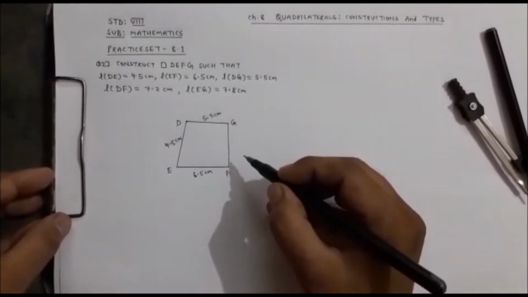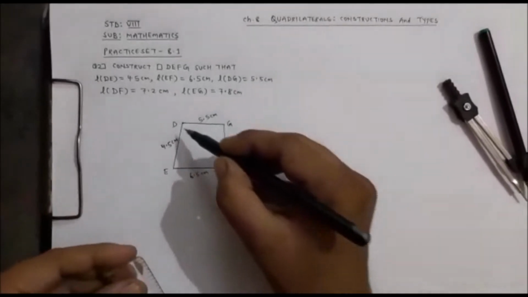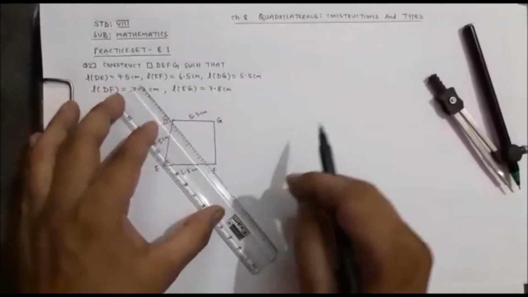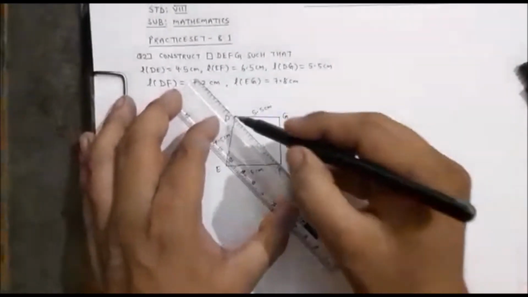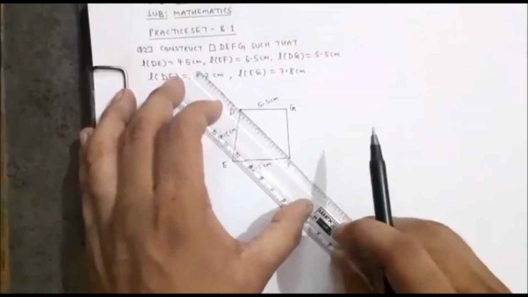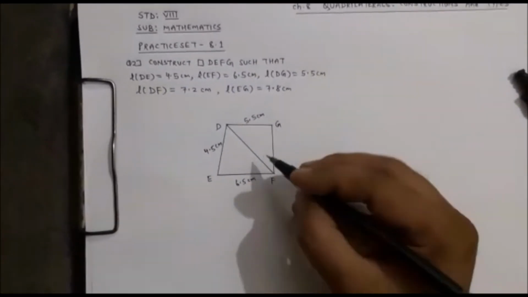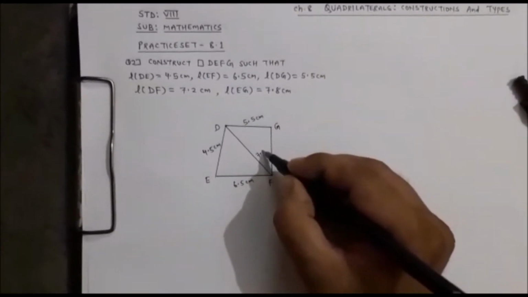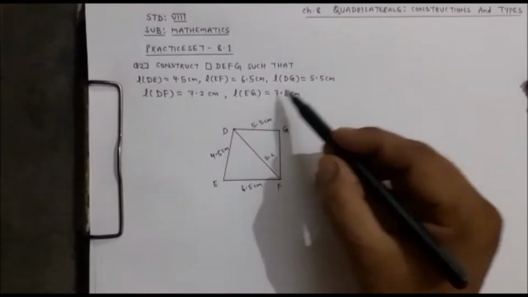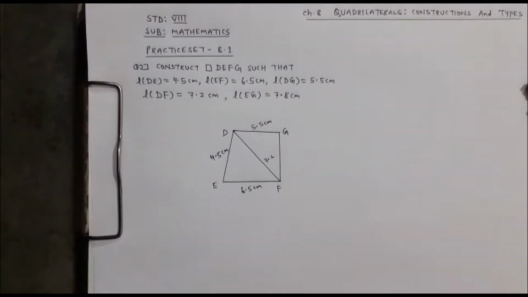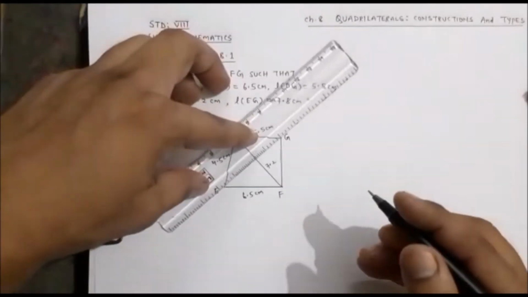DF 7.2. Now you can see DF means D to F diagonal is given. So you can draw this. Okay, this is given 7.2 centimeter and length of EG 7.8 centimeter. Well, EG means the second diagonal is also given.